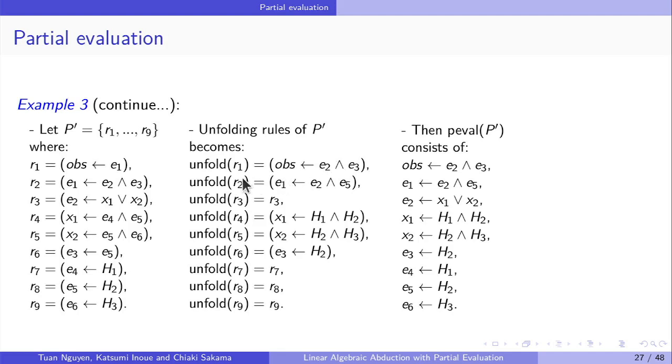And so on. We can do a similar thing with this rule and this rule. But for this one, we have no way to unfold it, so we keep it as the original rule. So finally, we got this, which is a partial evaluation of the program.